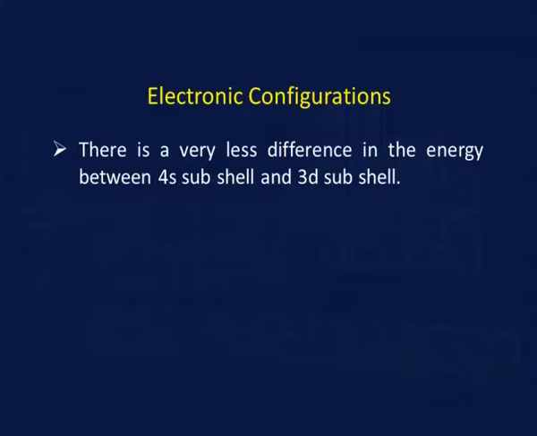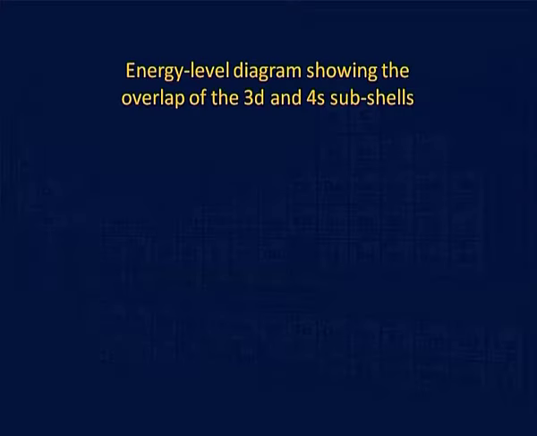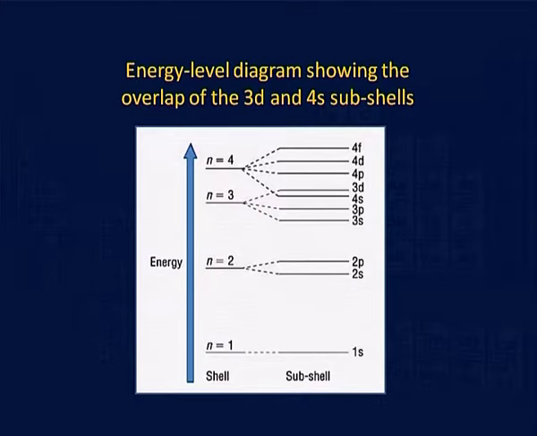But we see that there is a very small difference in energy between the 4s subshell and the 3d subshell, and therefore the 4s subshell will be occupied by electrons first, and then electrons will start occupying the 3d subshell. Therefore, in transition elements we have 3d1, 2, 3 up to 3d9.